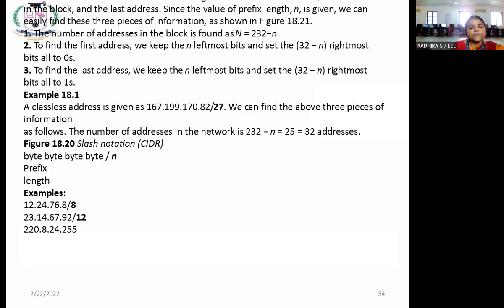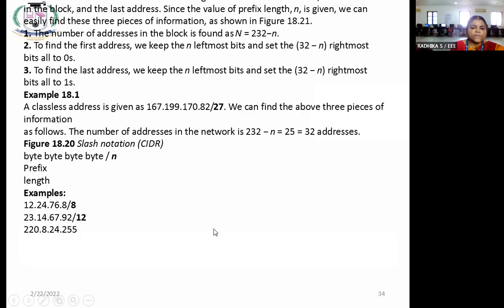Some examples. We have the first byte, second byte, third byte, fourth byte, and there is a slash, and we have that number n. This number n illustrates the length of the prefix. In these examples, what does this 8 represent?